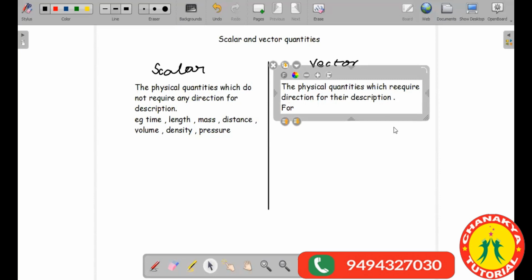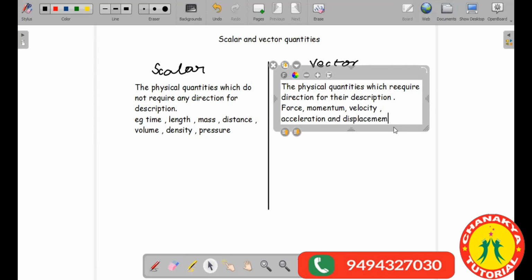For example, force. We will come to know about another quantity, momentum. So force, momentum, velocity, acceleration, and displacement.